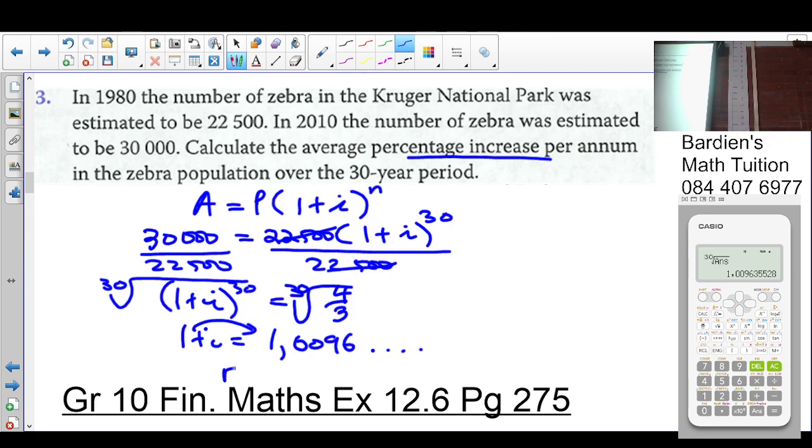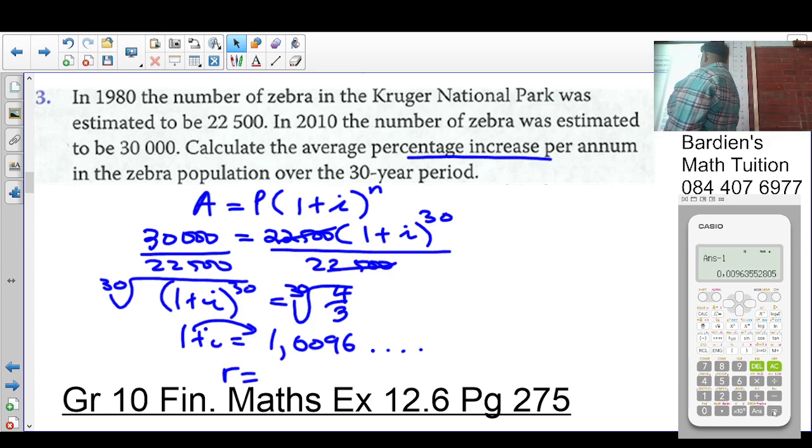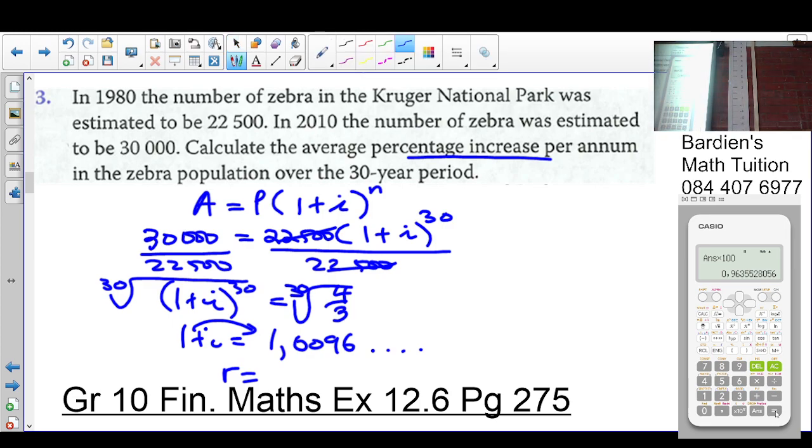Now minus 1 and I multiplied by 100, and this gives you 0 comma 96%. So it's almost 1% by which the population is increasing. That's very little.